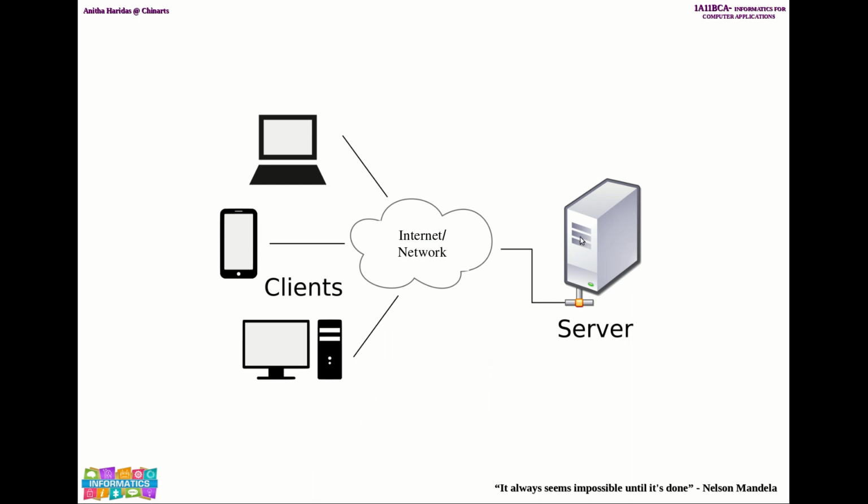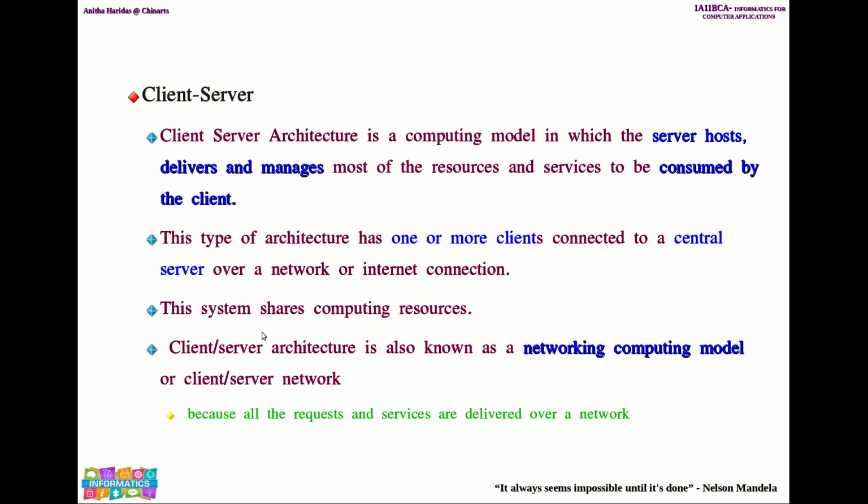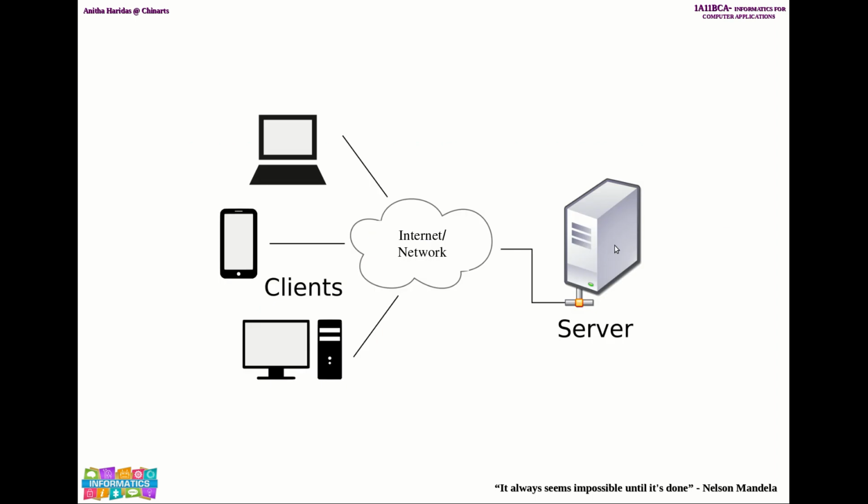So we will have a server, and different types of clients can be connected to the server over a network. And actually this client server system shares all the computing resources. Whatever computing resources are available in the server can be shared with various clients here.